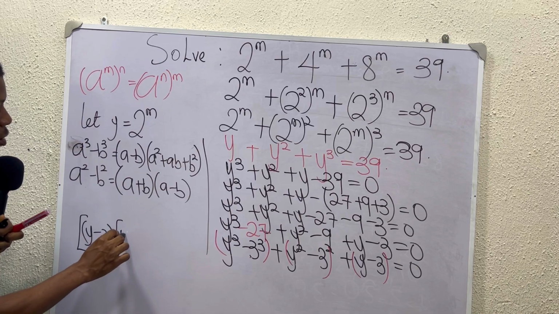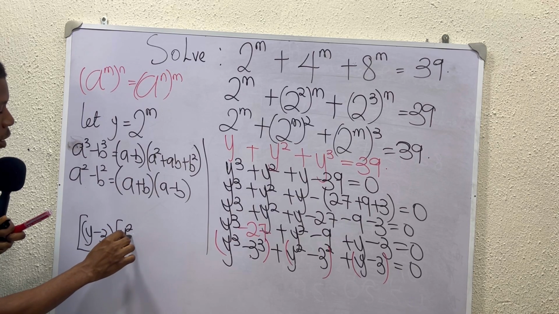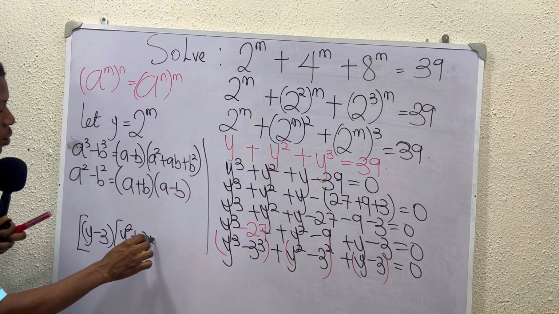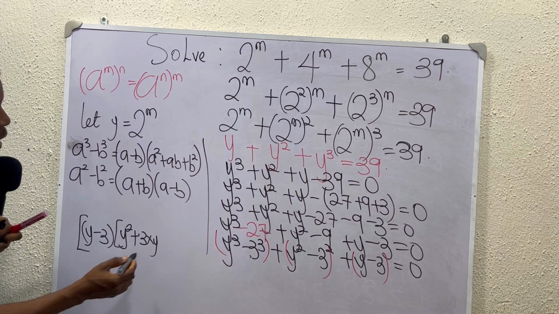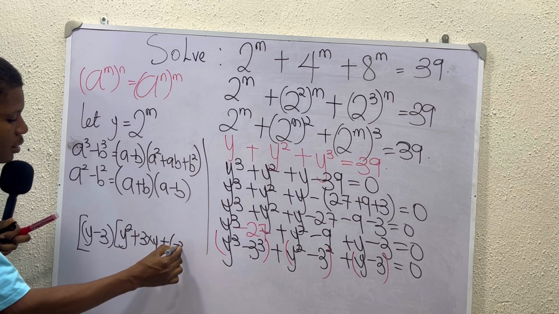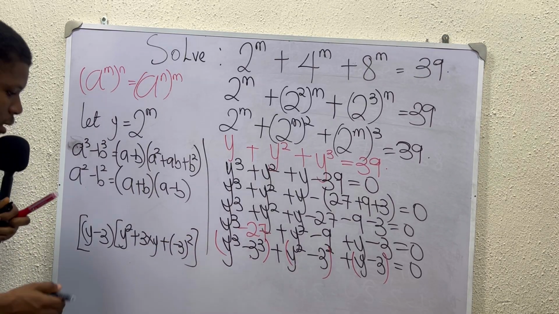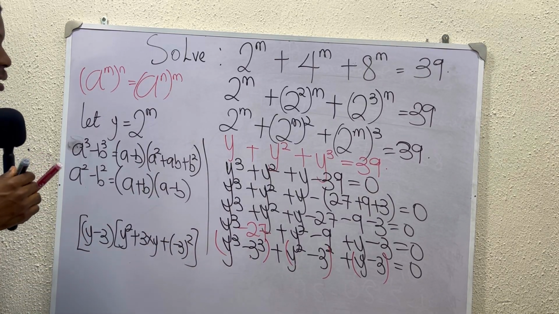We have y squared plus 3 times y, then plus minus 3 squared. That's the expansion for the cubic term.